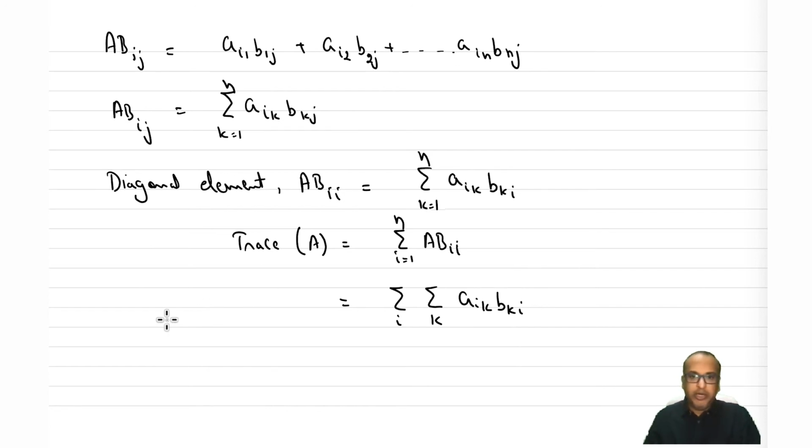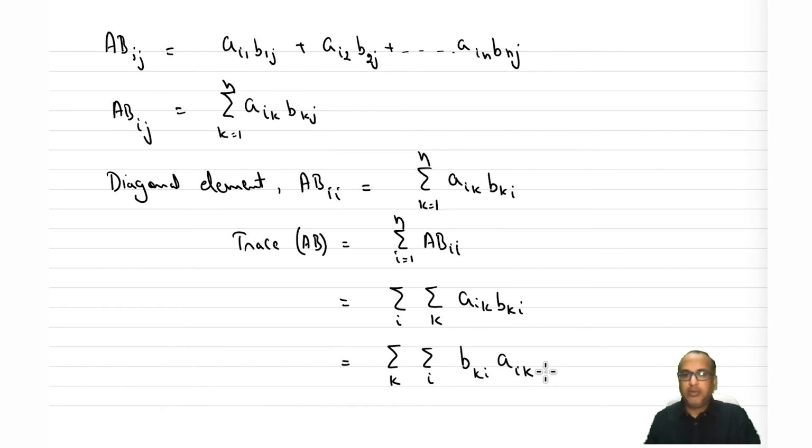Because AIK and BKI are numbers, individual elements of the matrix, remember that these are the matrix elements and not matrices anymore, I can always exchange these terms, right? So I can also invert the summation and write it as BKI and AIK.